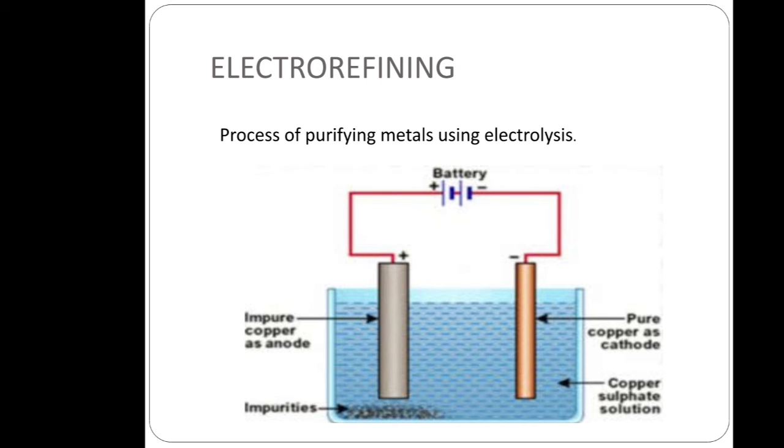Here, you see a thick block of impure copper is used as the anode. The anode is the positive side, and the negative side is the cathode. Here a thin copper rod is used, and the electrolyte used is copper sulfate solution.